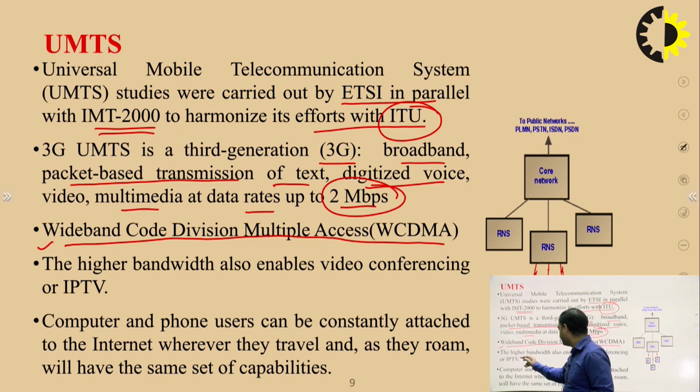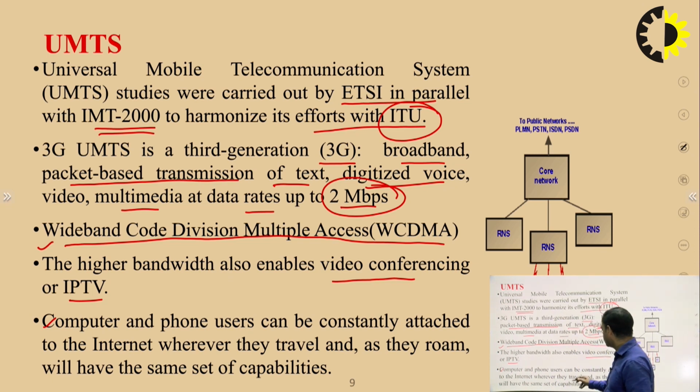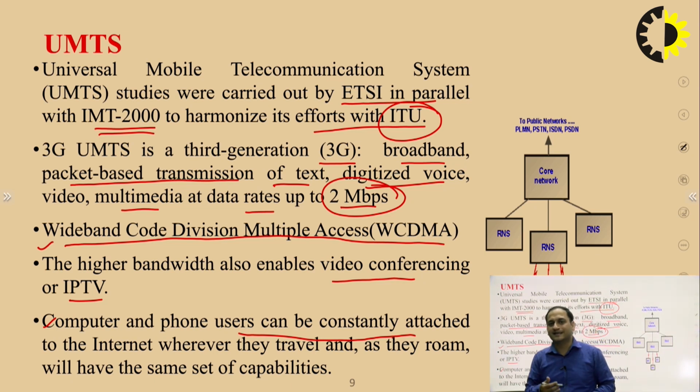Then the higher bandwidth also enables video conferencing, that is IPTV. Then computers and phones can be constantly attached to the internet. That is why this is also an always-on network, in which different users can constantly attach to the internet, meaning all the time users can access the internet.